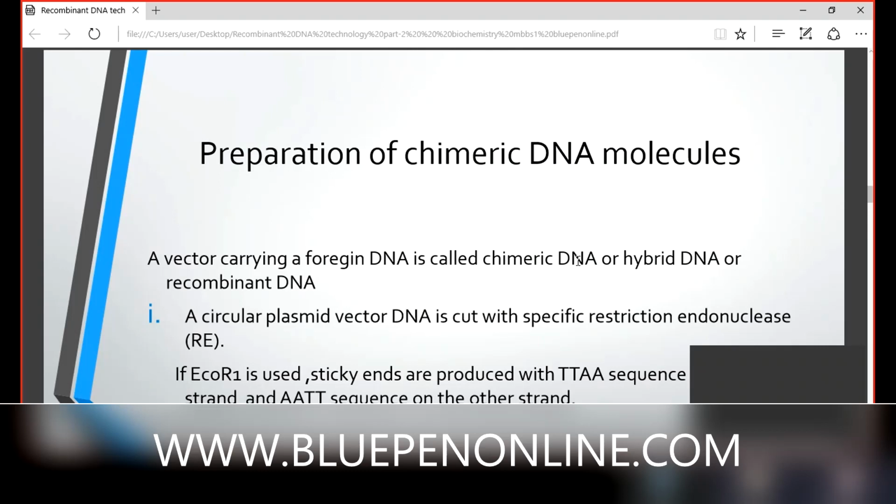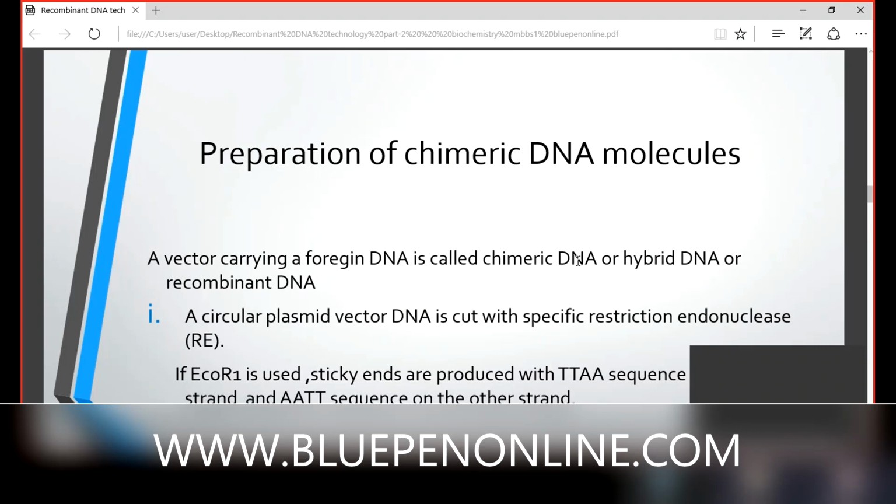Then you can draw one arrow in the downward direction. Then the enzyme name is RNase H, which hydrolyzes RNA. Now we have only one strand, that is DNA, the DNA copy of RNA.